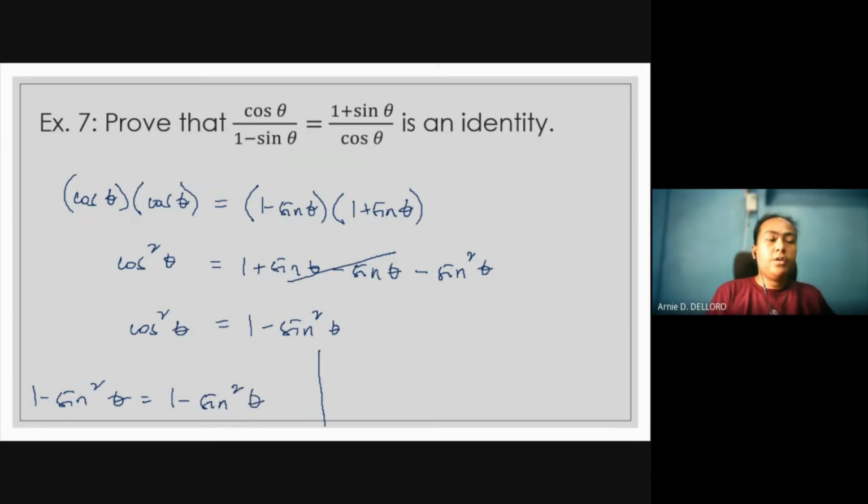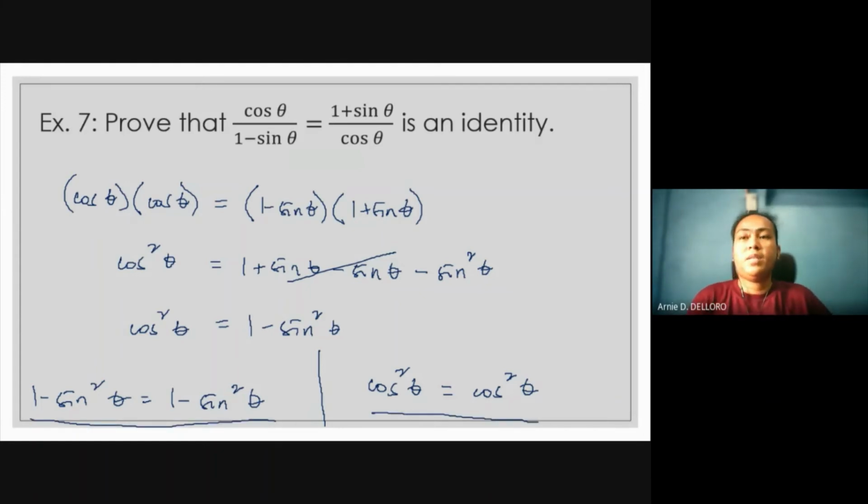Pwedeng yung cosine squared theta yung i-expand nyo or ang i-simplify nyo yung 1 minus sine squared theta. So we can have cosine squared theta. Okay? So any of these two is the same. Pareho lang naman sila.